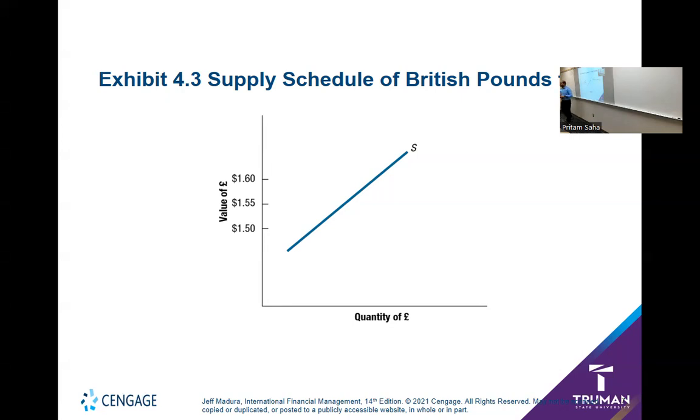The supply curve moved to the right. Supply increased or decreased? Increased. For a fixed price, more supply, less supply? More supply, right? Supply increased, right? Similarly, supply decrease, right? Makes sense?